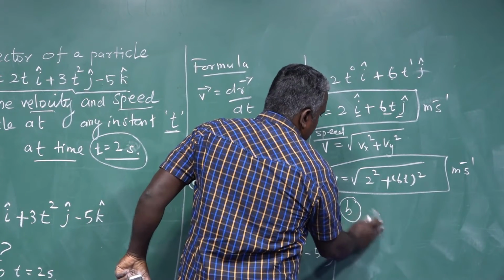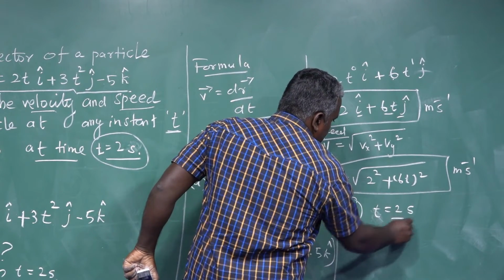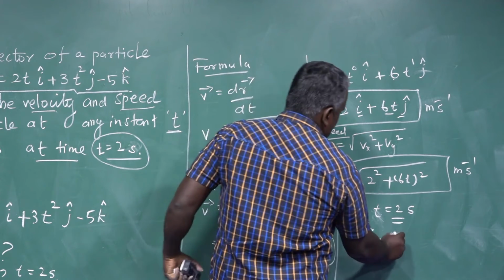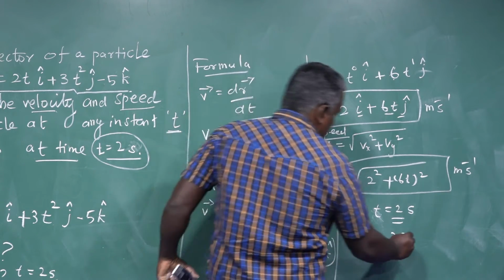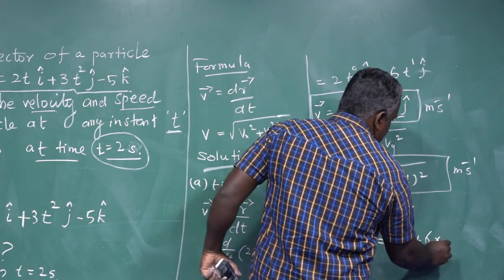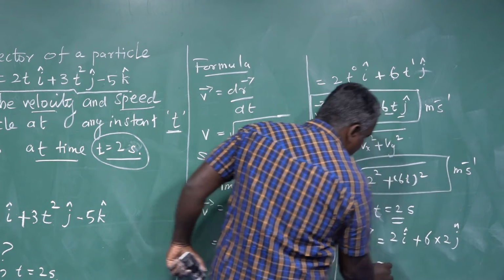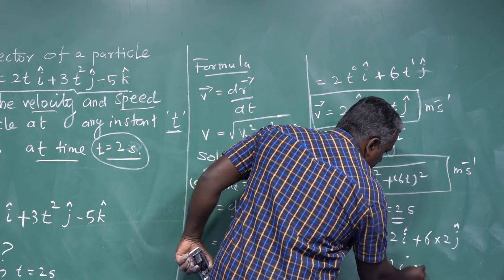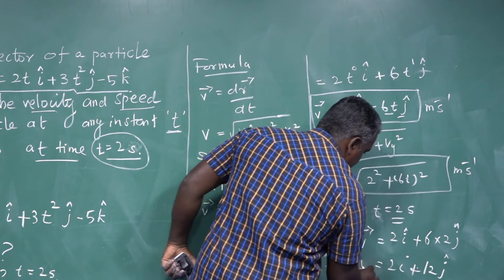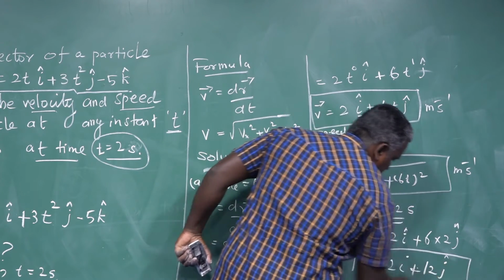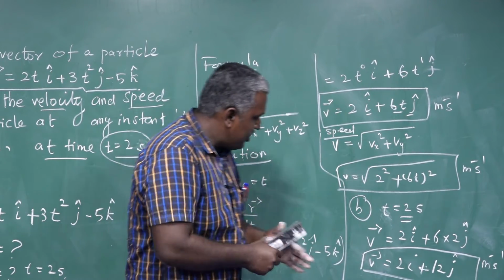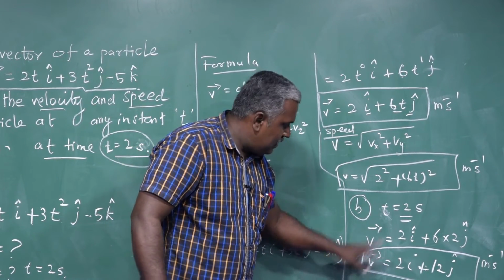First, velocity at time t equal to 2 seconds: v vector is equal to 2 i cap plus 6 into 2 j cap. Therefore 2 i cap plus 12 j cap meter per second. This is the velocity of the particle at time t equal to 2 seconds.